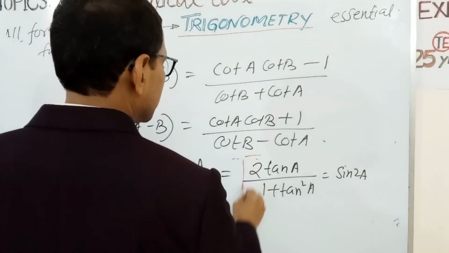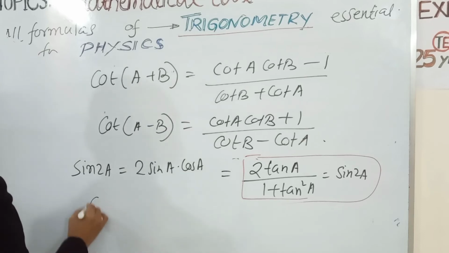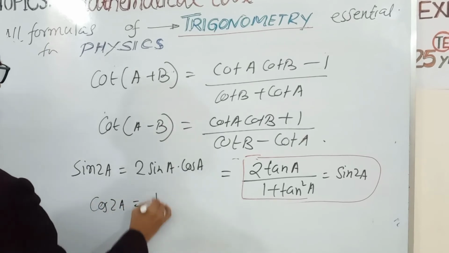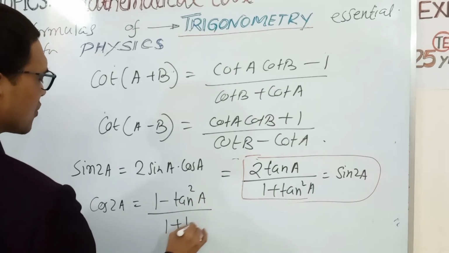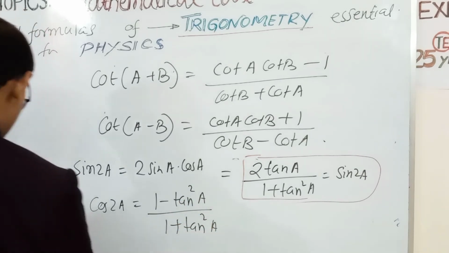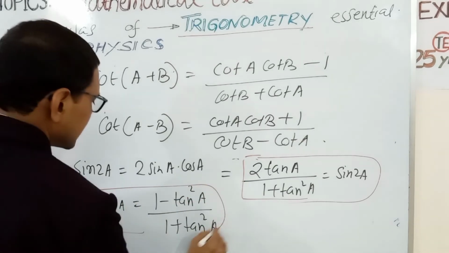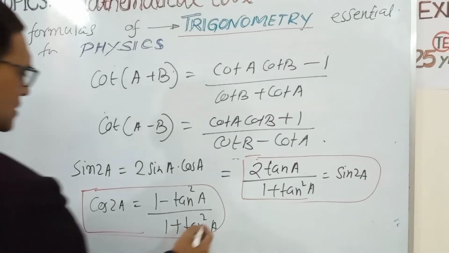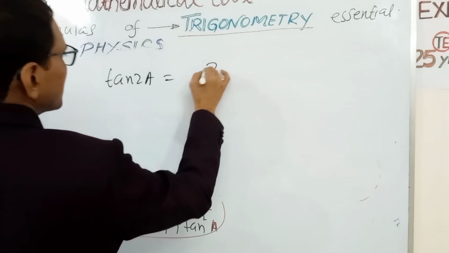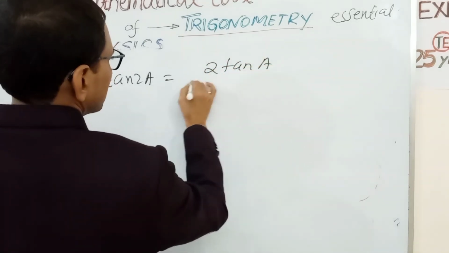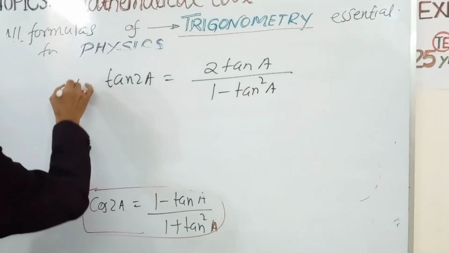And cos 2a in terms of tan a will be this formula. And tan 2a in terms of tan a, this. So this is another formula.